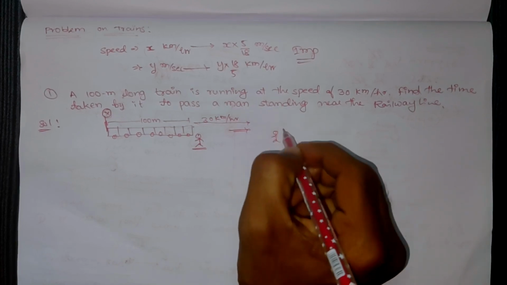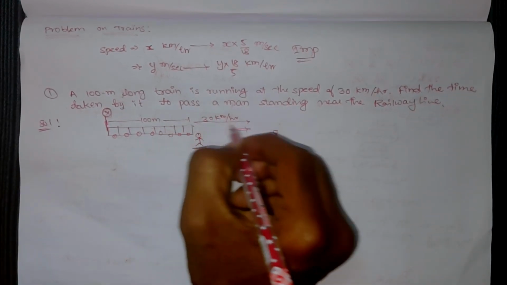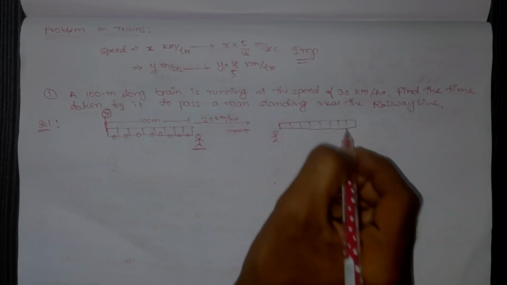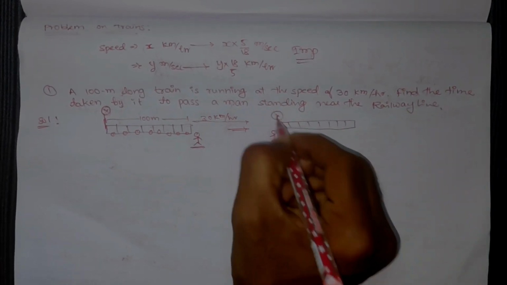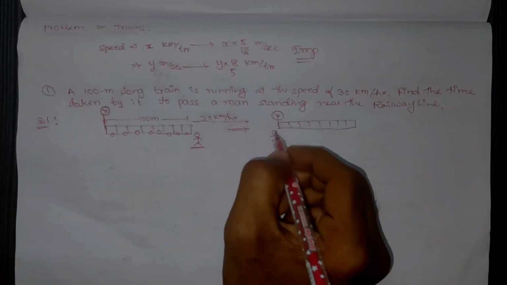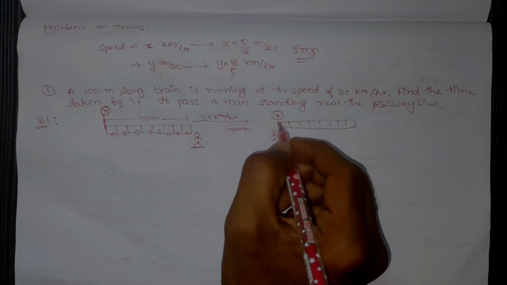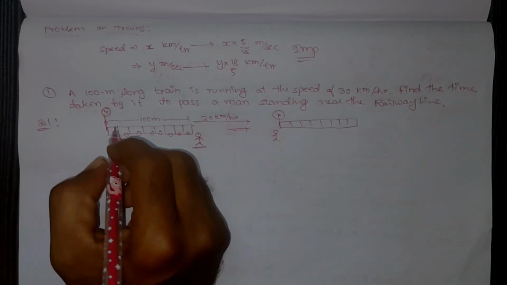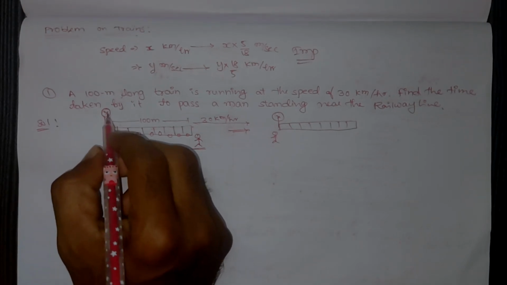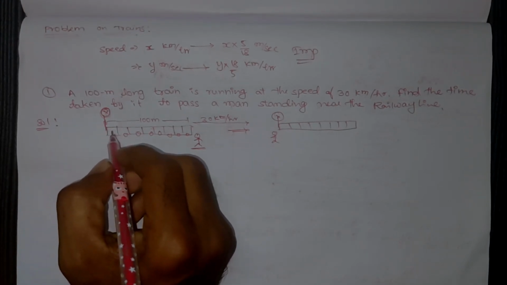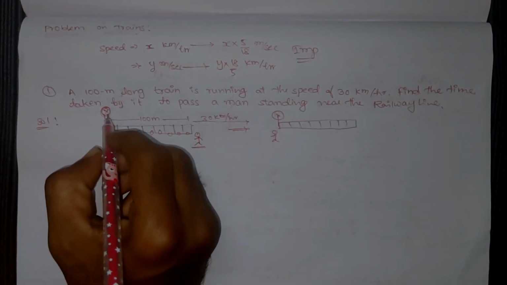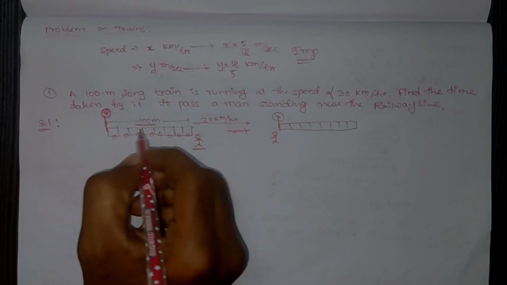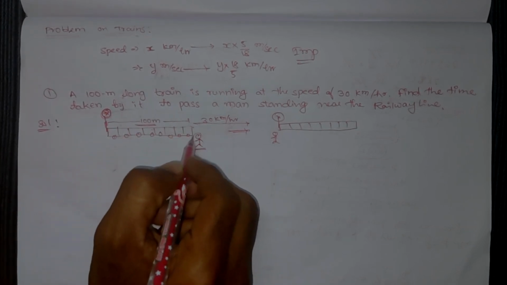If he is a man, this train must go past here. Then only will we treat this train as having completely crossed this man, right? Because this is the end point of the train, the x point needs to travel 100 meters to completely cross this man.